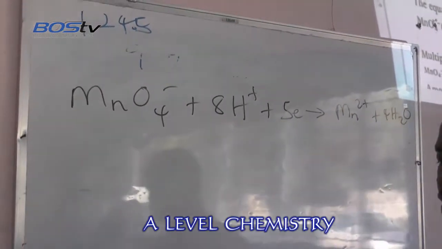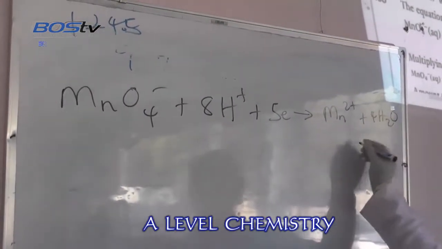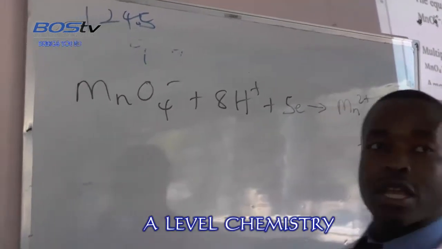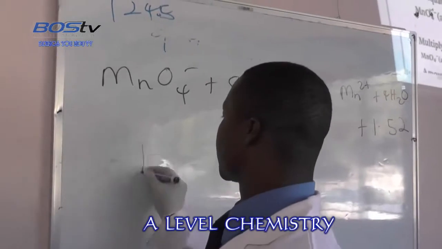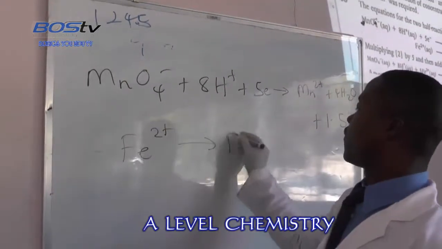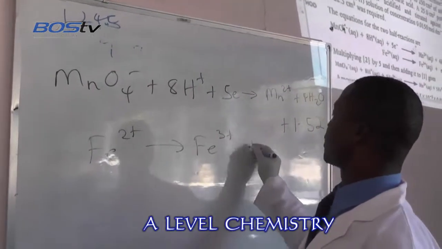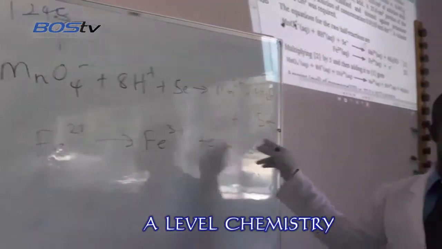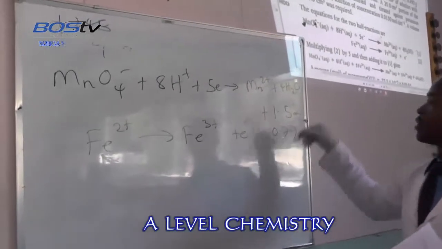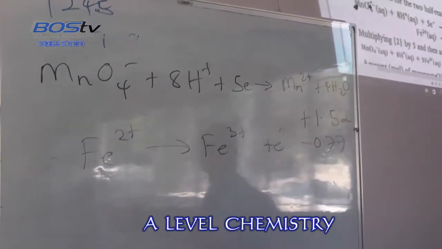This one, from your data booklet, has an E theta value of plus 1.52. Then your iron 2 will be oxidized to iron 3: Fe2 plus forms Fe3 plus and an electron. The E theta value for this equation is minus 0.77. These ones I'm getting from the data booklet.